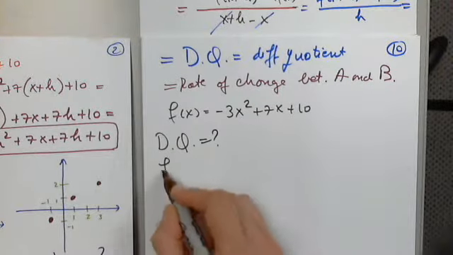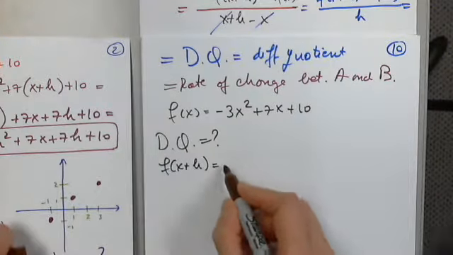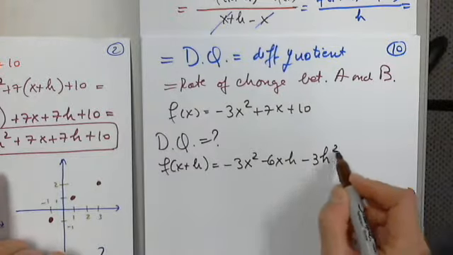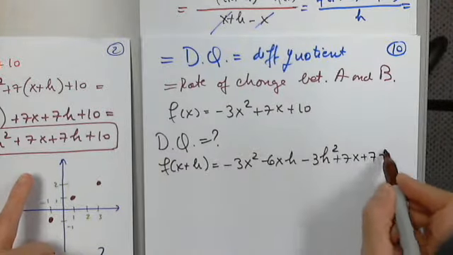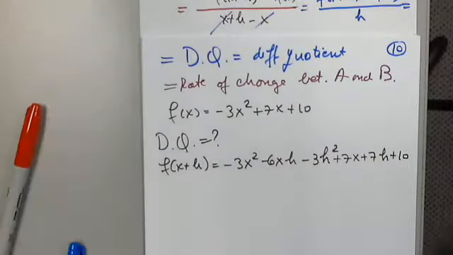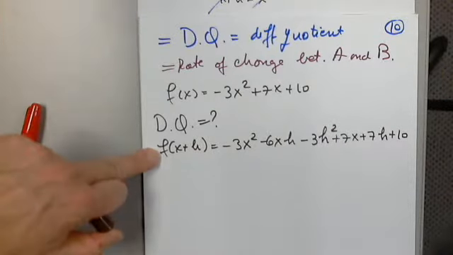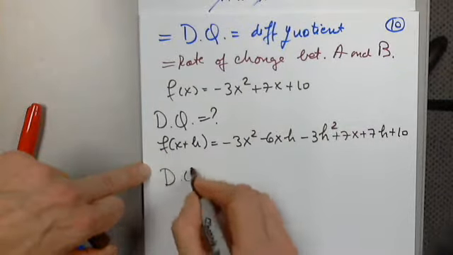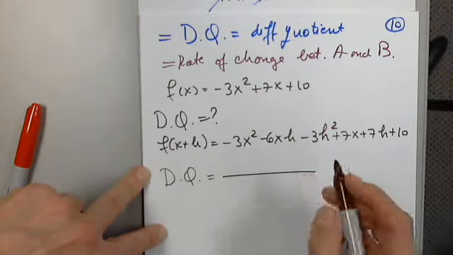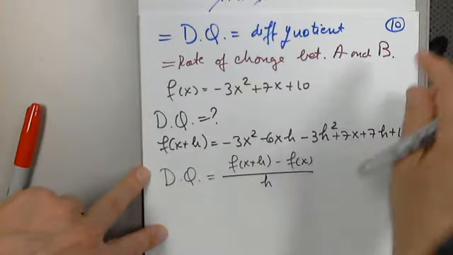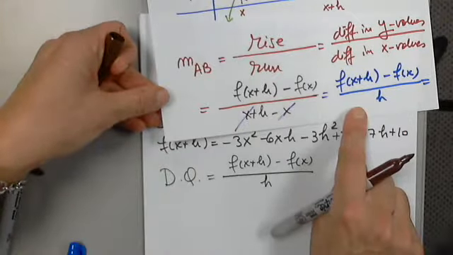And I'm going to copy f of x plus h, which you said was negative 3x squared minus 6xh minus 3h squared plus 7x plus 7h plus 10. We're saving a little bit of time. So this is the function. We evaluated already f of x plus h. The difference quotient is f of x plus h minus f of x divided by h.